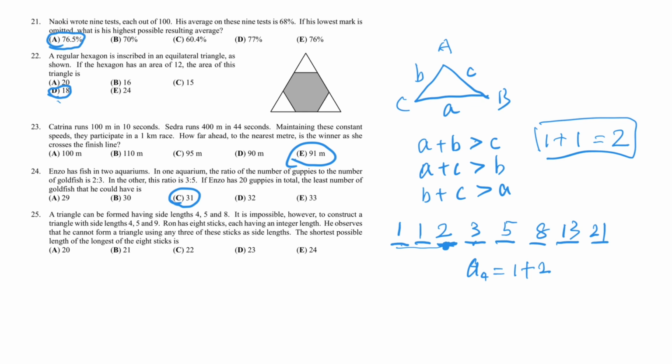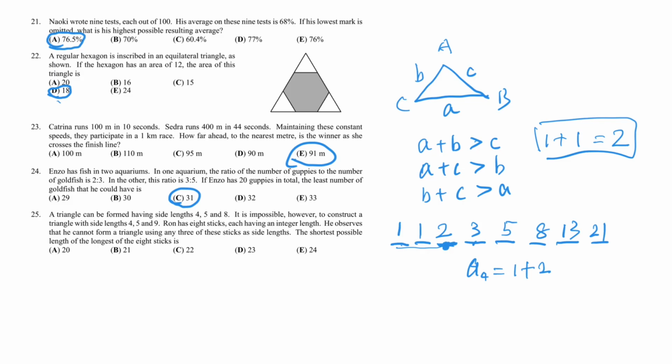That's the smallest 8 lengths that cannot form a triangle. That's the Fibonacci sequence. Any number equals the sum of the previous 2 numbers, so they cannot form a triangle. To form a triangle, the sum of the 2 must be greater than the third.